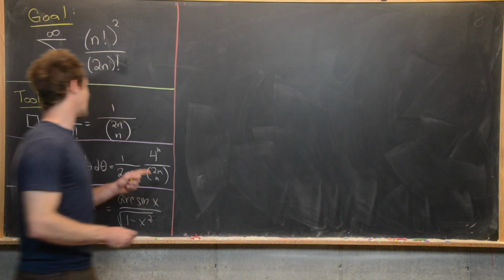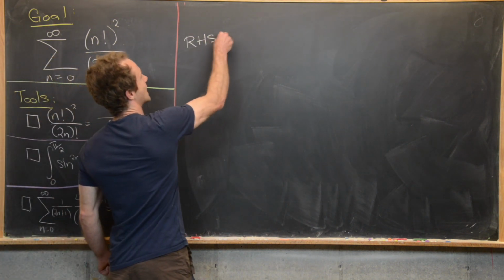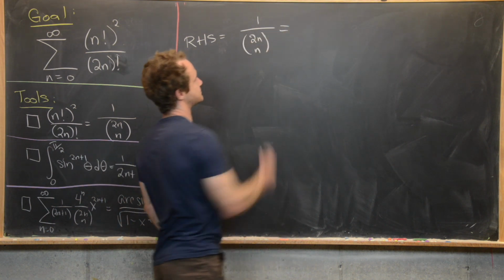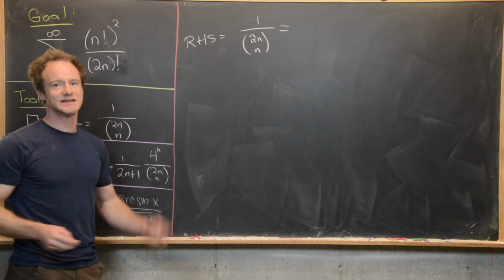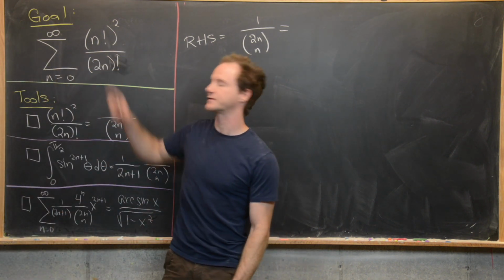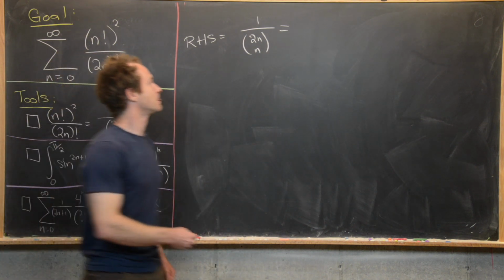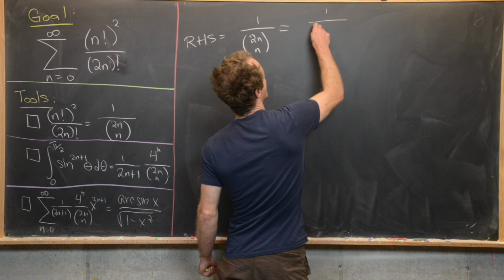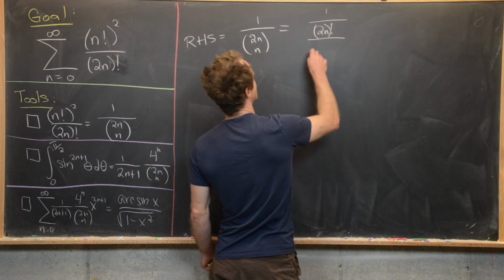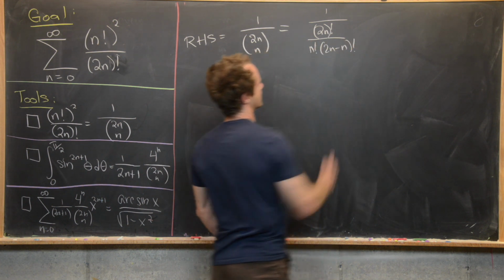So we're going to go ahead and start with the right-hand side. So here the right-hand side of this is 1 over this central binomial coefficient. But now since n is a natural number, that's kind of implicit in the fact that we're taking this sum as n goes from 0 to infinity, a natural number including 0, we can rewrite this as 1 over (2n factorial) over (n factorial)(2n minus n) factorial.